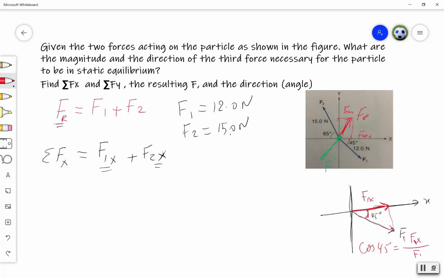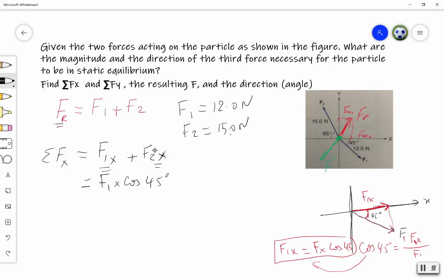From here, F1x equals F1 times cosine 45. So the sum of Fx, replacing F1x, equals F1 times cosine 45 degrees.